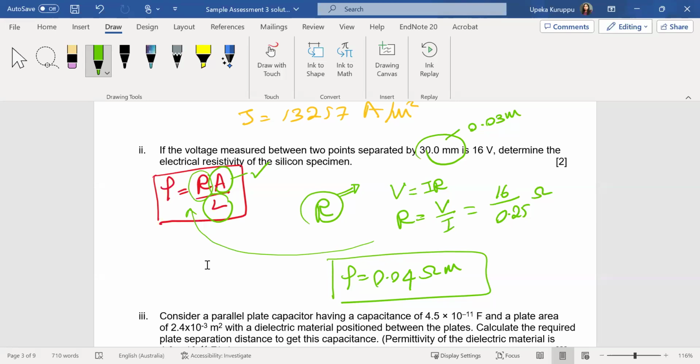This one is 30 millimeters, so you have to convert to meters. That's all. Otherwise, you are right.